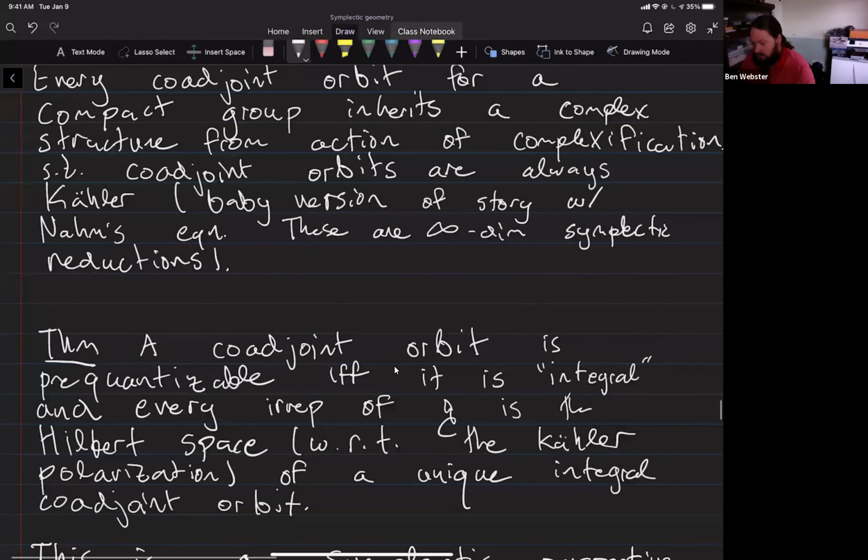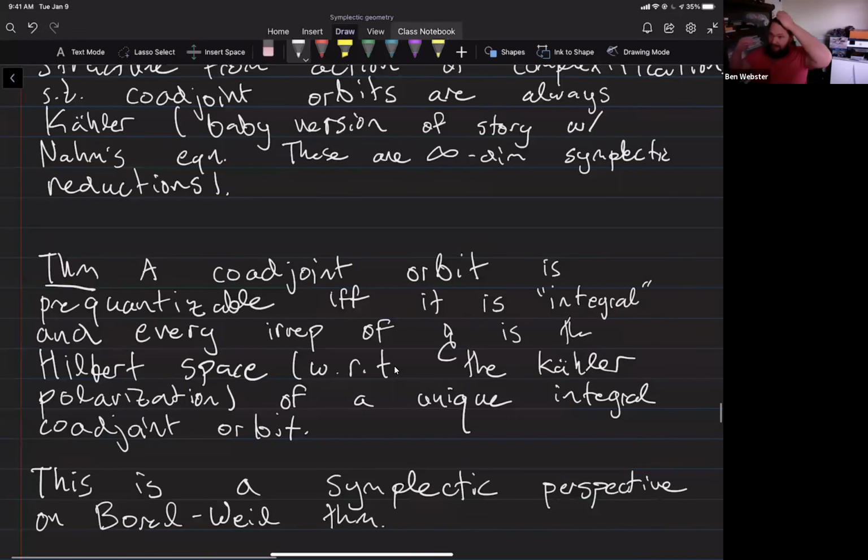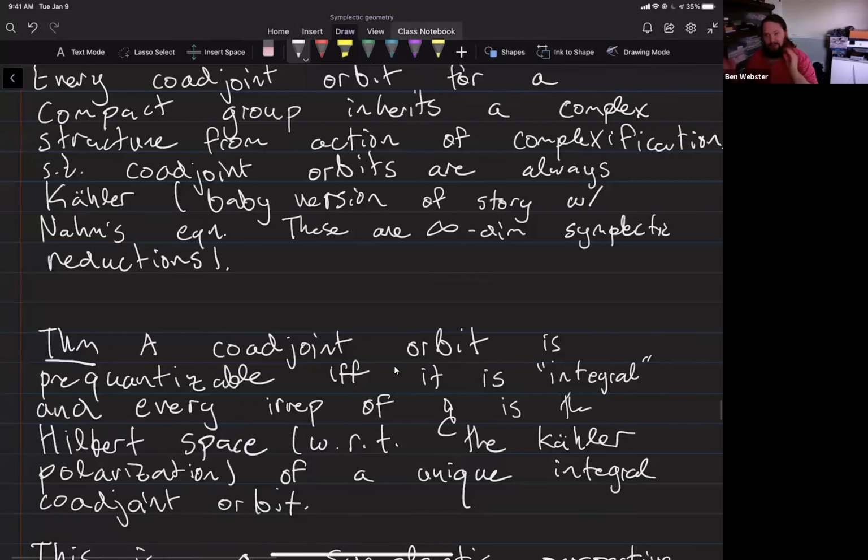So a coadjoint orbit being pre-quantizable, what we saw in SU3, was about your distance from the origin being integral. There's a general version of that, which I don't want to get into in detail, but for example, for SUN, it has to do with the difference between the eigenvalues being integral.